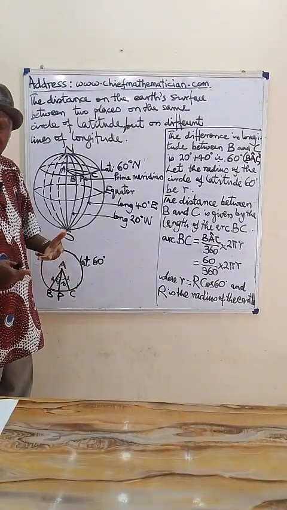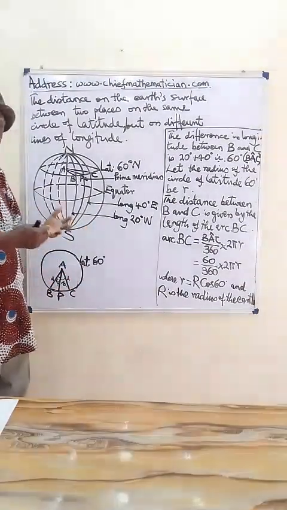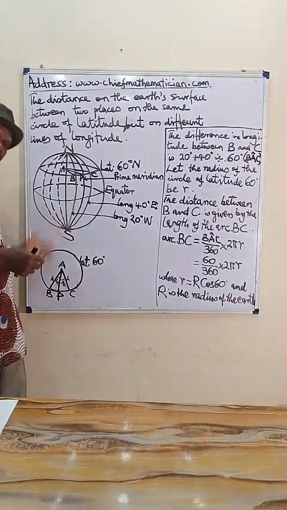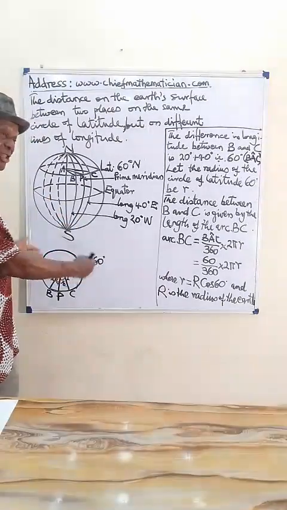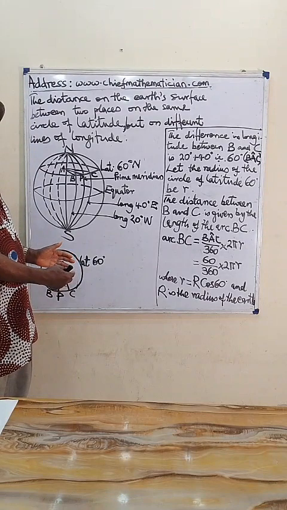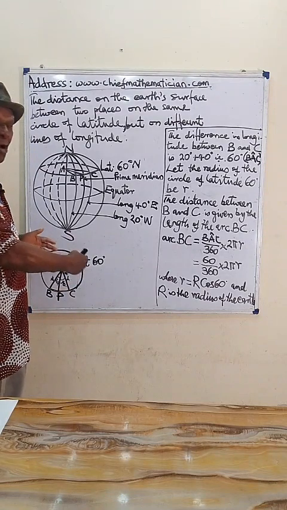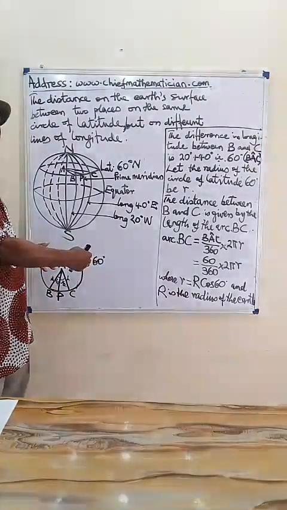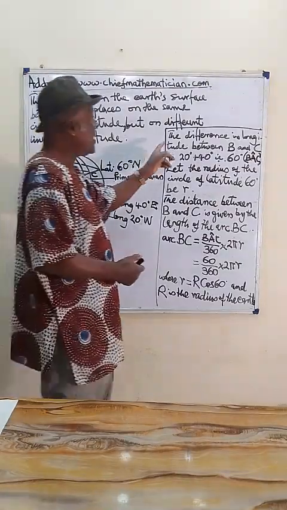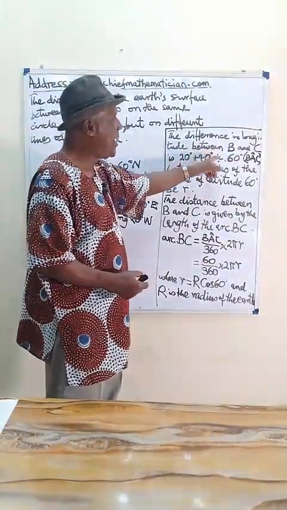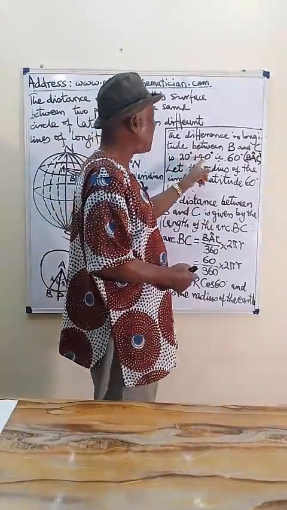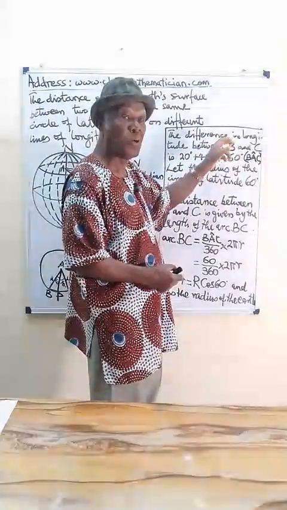And so, like we have already discussed, the difference in longitude between B and C will be the sum of the two angles, because the two places are on opposite sides of the prime meridian. So the difference in longitude between B and C is 20 degrees plus 40 degrees, that is 60 degrees, angle BAC.